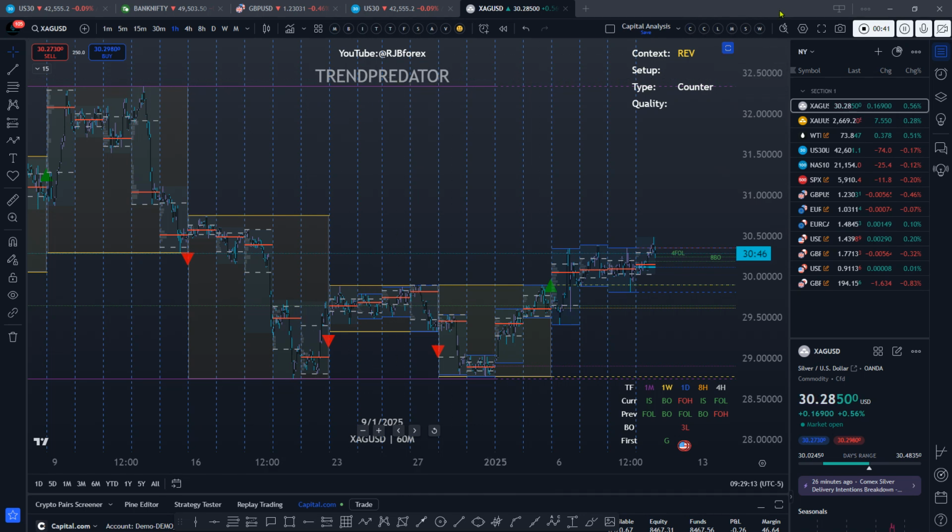This is the pro version, and the pro version gives you setups.